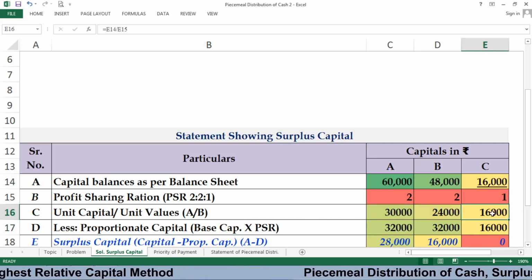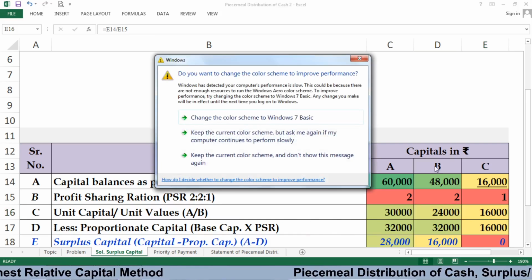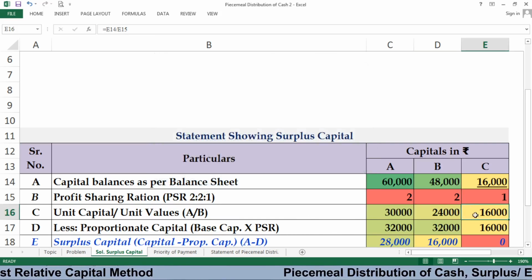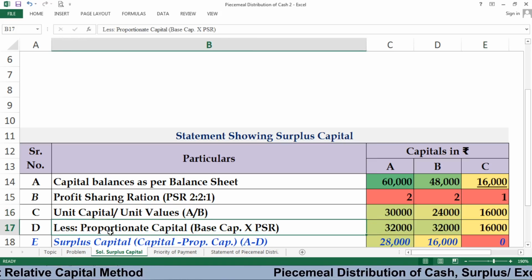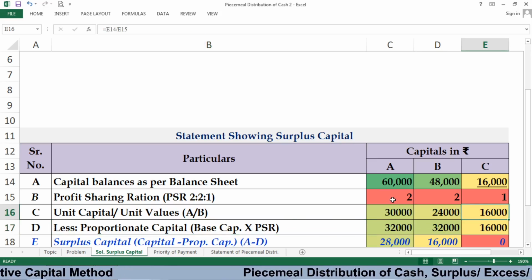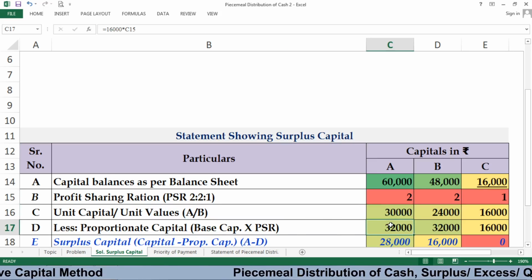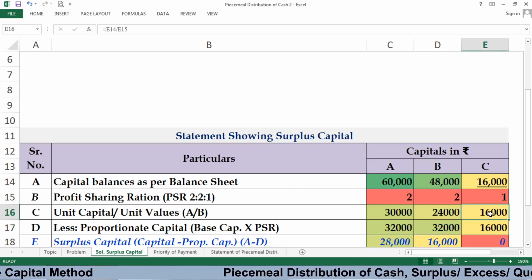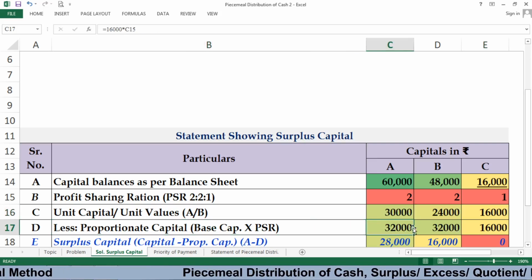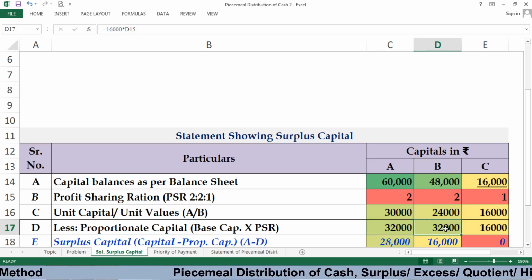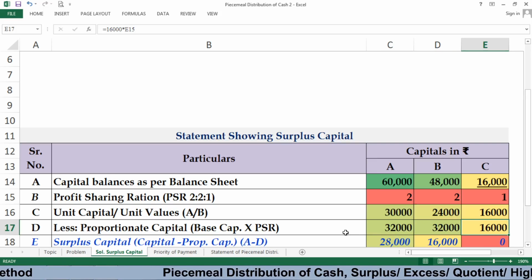Here base capital is 16,000, which is of Mr. C. The formula is base capital into profit sharing ratio. So 16,000 into 2 comes to 32,000, 16,000 into 2 equals 32,000 and 16,000 into 1 equals 16,000. So this is our proportionate capital, 32,000 of A, 32,000 of B and 16,000 of C.